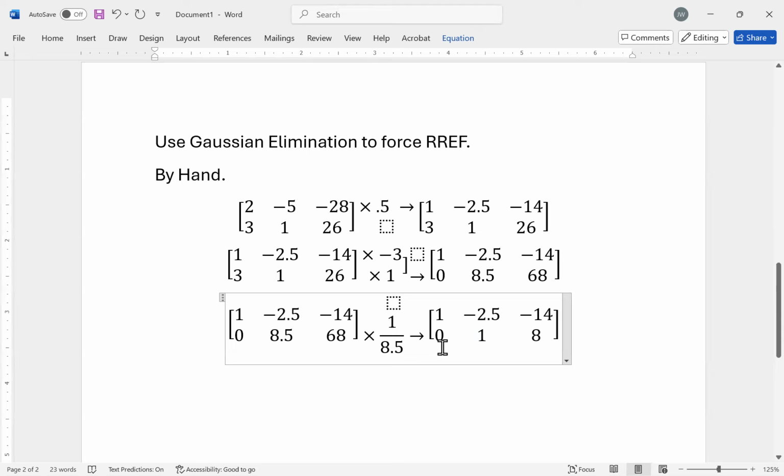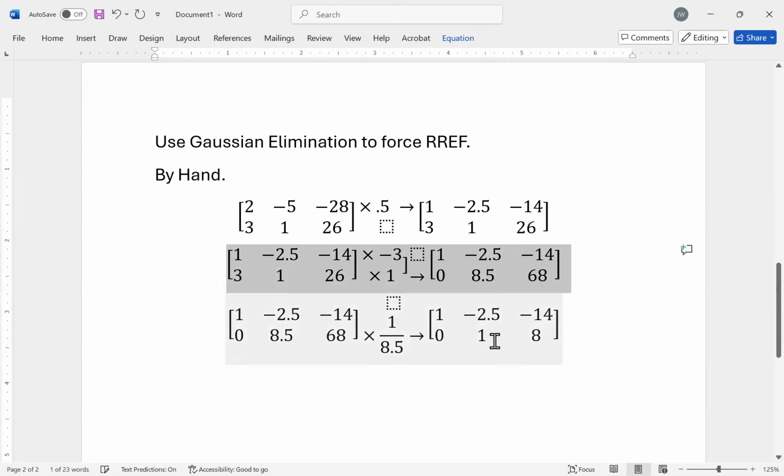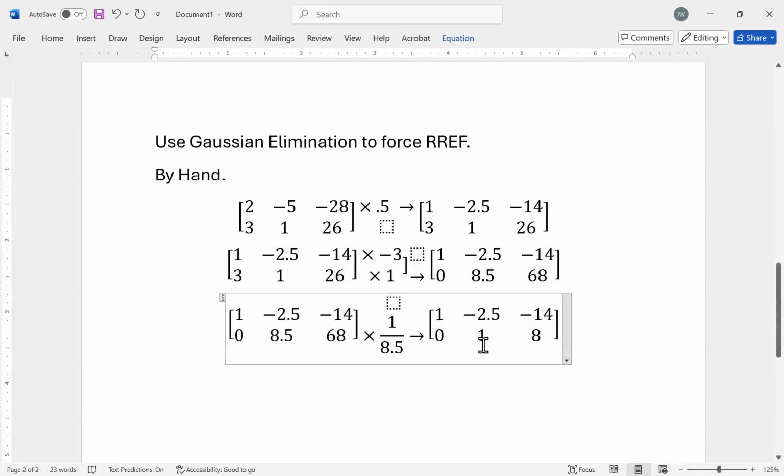This is why we wanted to have a 0 here before we tried to create a pivot position, because now when I start adding rows together, 0 times anything is 0. Plus 1 just becomes plus 1. So that's what I'm going to do. In a very similar way to this second step, I'm going to make a 0 above this pivot position of 1. Let me write that down.